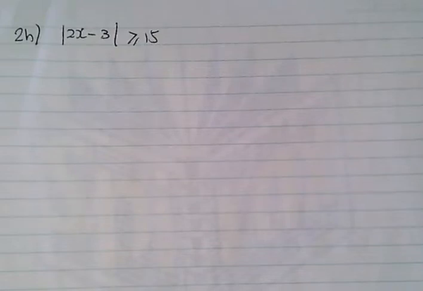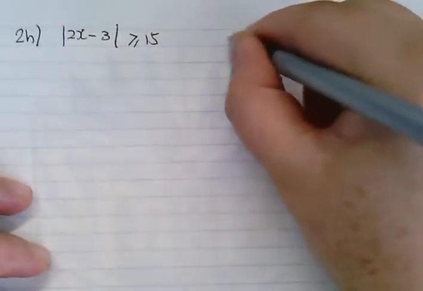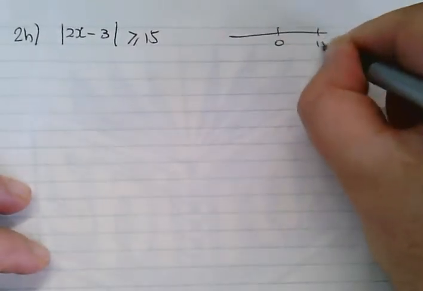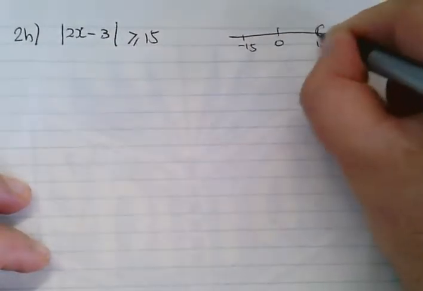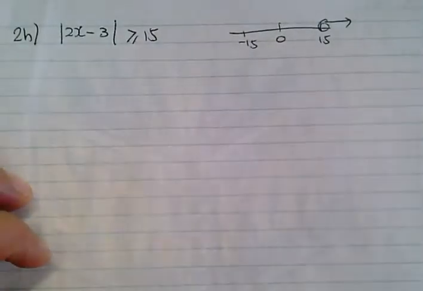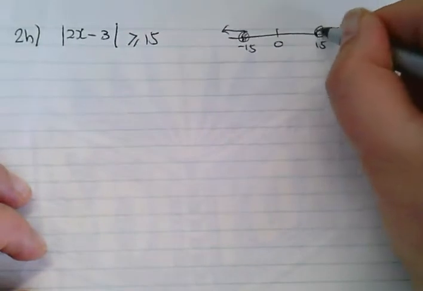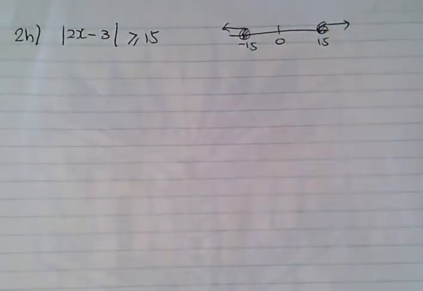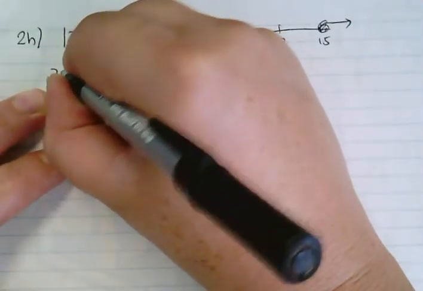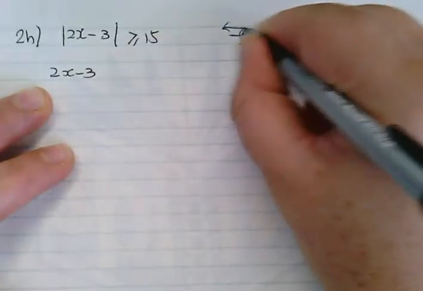2h. Remembering with the definition, what does it mean? The distance of this 2x minus 3 is greater than or equal to 15 units from the origin. How are you going to be more than 15 units from the origin? You're either going to be that way or you're going to be this way and coloured in. But that is where 2x minus 3 is, not the whole solution. So how do I set up that 2x minus 3 has to lie down here?